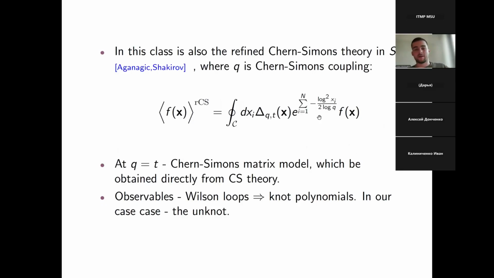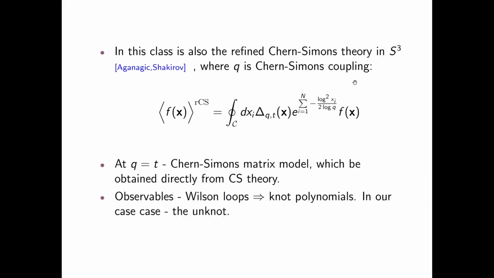Then, standing a bit apart, is a very special representative of this family of integrals, which has a separate physical interpretation, something called the refined Chern-Simons theory, which was proposed by Aganagich and Shakirov. They define this theory by formulating the usual Chern-Simons theory in terms of modular matrices, and then finding a proper T deformation of it.